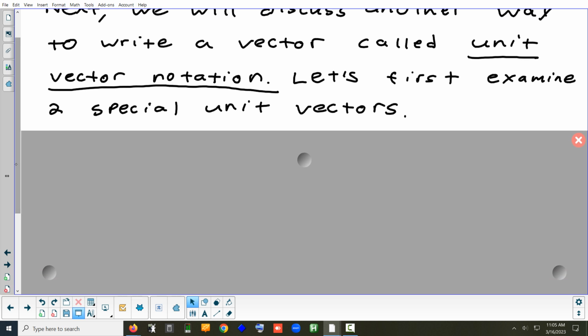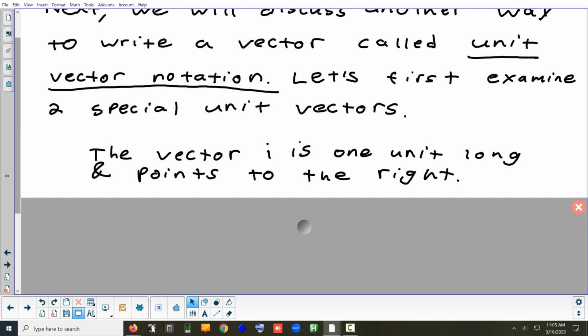Right, it is a vector with a magnitude of 1. Well, what we're going to do is define two special unit vectors. Kind of like, in math when you have a constant, like pi, right? That Greek letter in math is used to represent a number, and you never use that letter for anything else because it means 3.14. Well, we're going to do the same thing here.